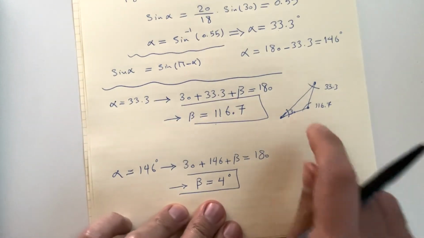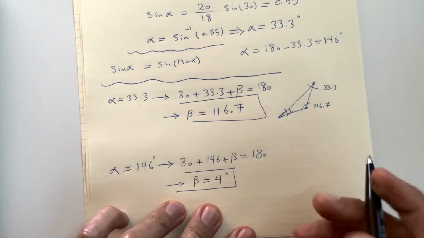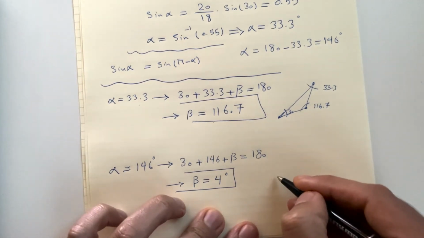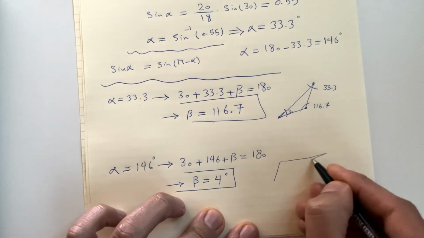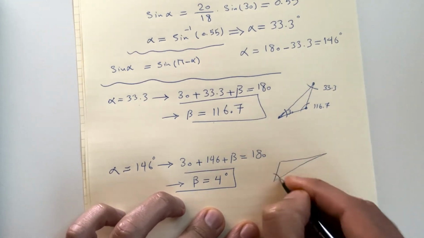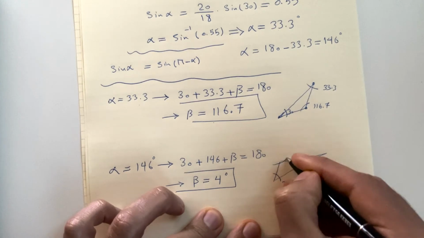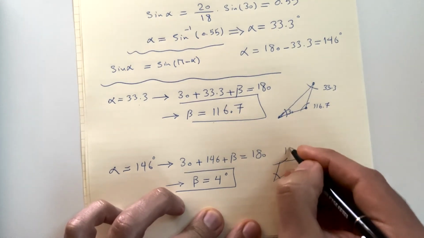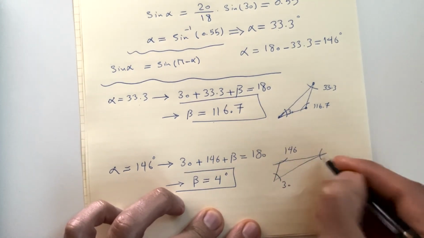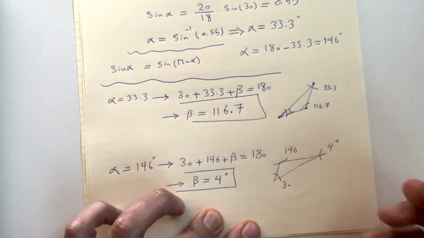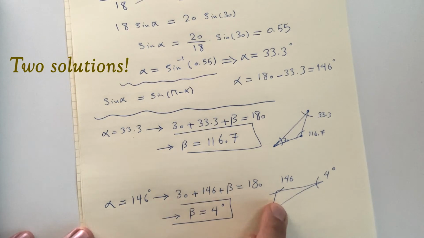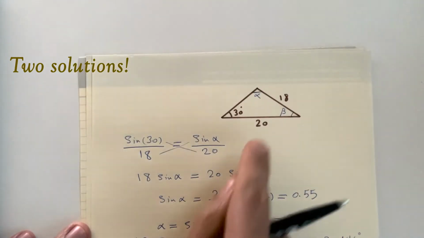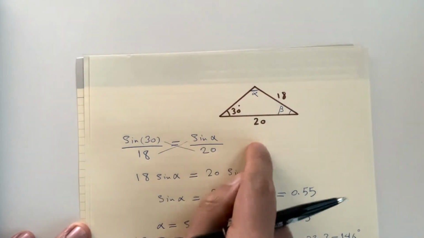And if you use the same schematic drawing here, your triangle should look something like this, which here is 30, here is alpha, which was 146.7, and this angle here will be 3.3 degrees. So in this case we had two solutions for a triangle with this characteristic.